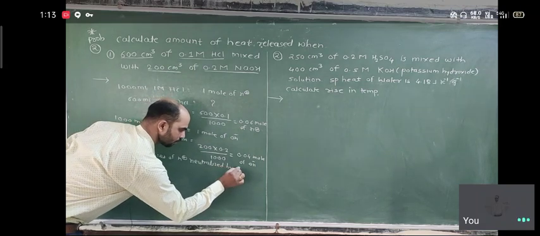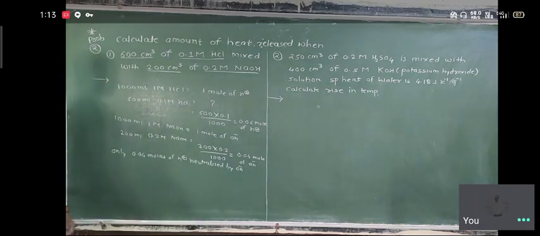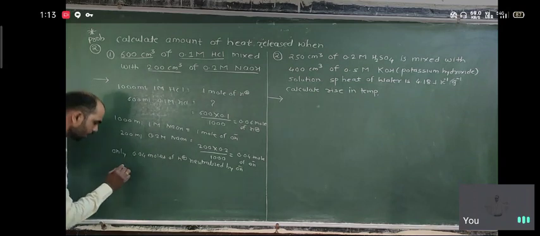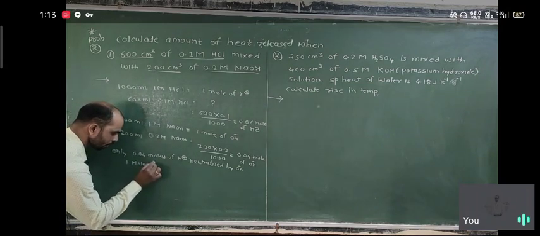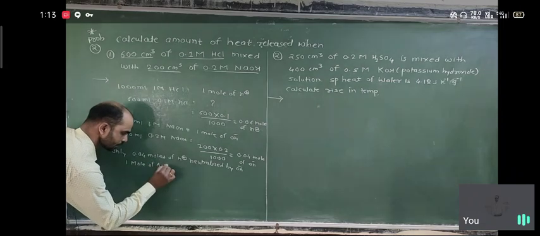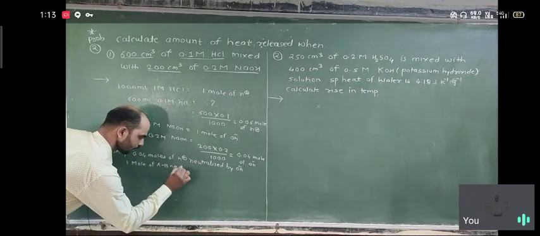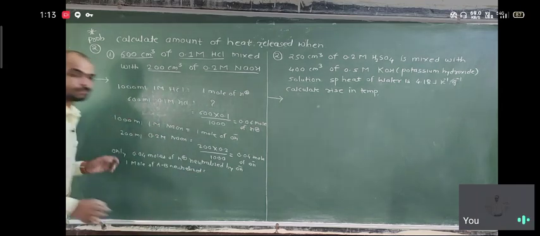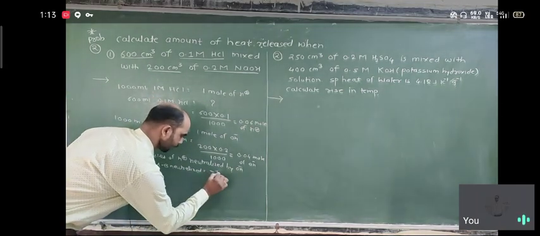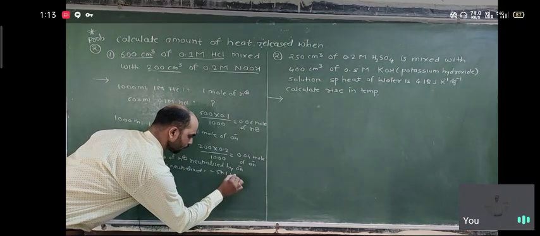by OH minus. You already know that when 1 mole of acid and base neutralize, they produce minus 57.1 kilojoule of energy.